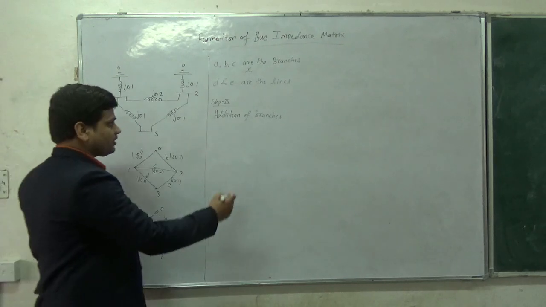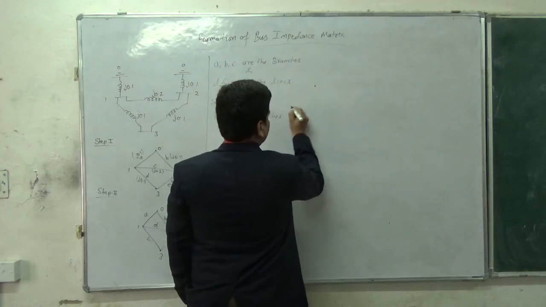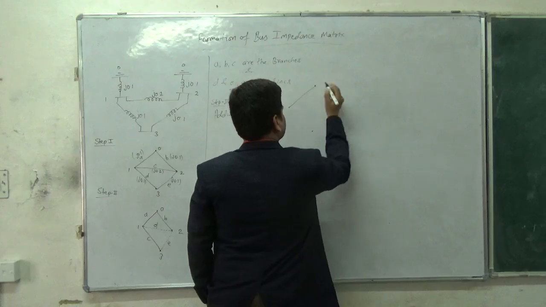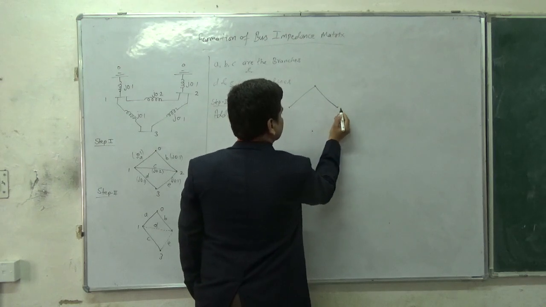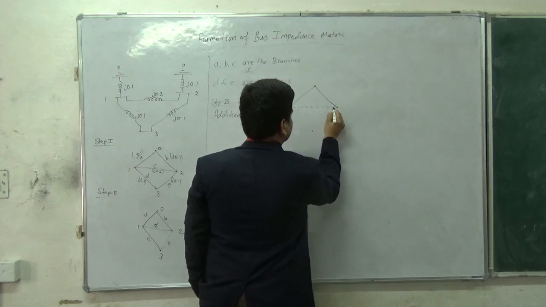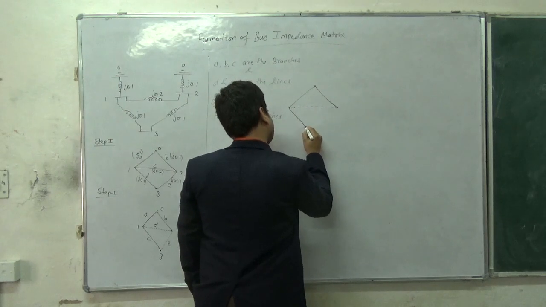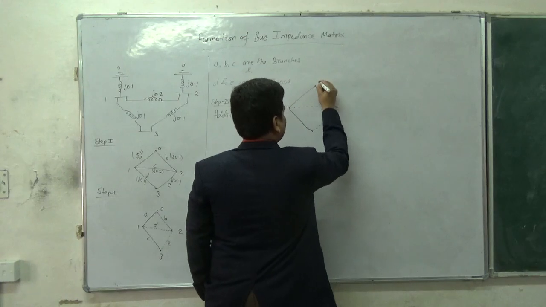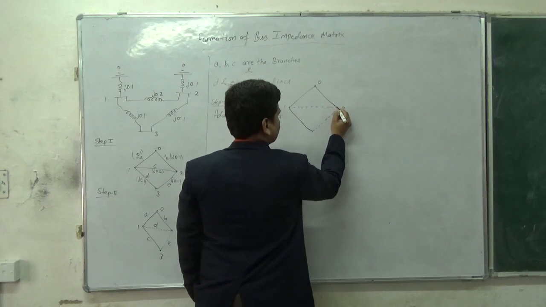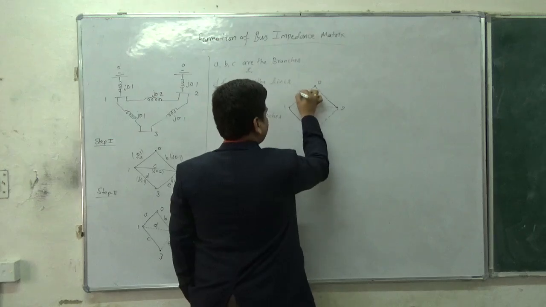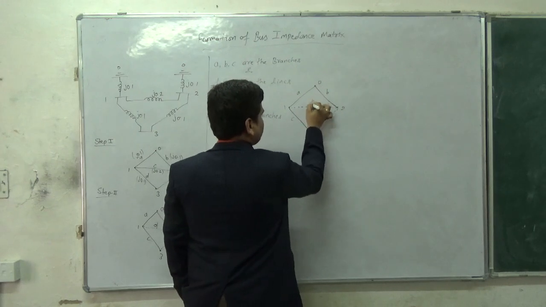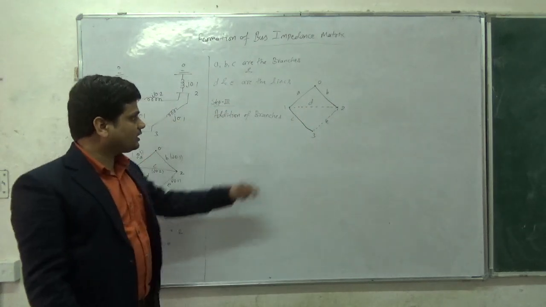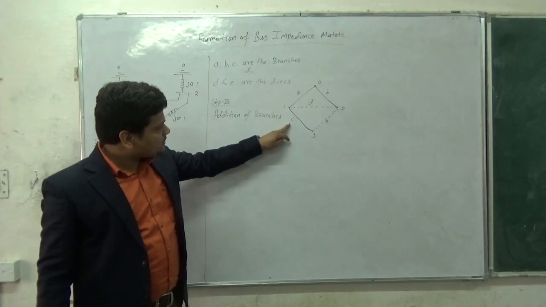So let me draw this diagram here also: 0, 1, 2, 3, A, B, C, D, E. A, B, C are the branches among which A and B are directly connected to the reference node, but C is not connected to the reference node.